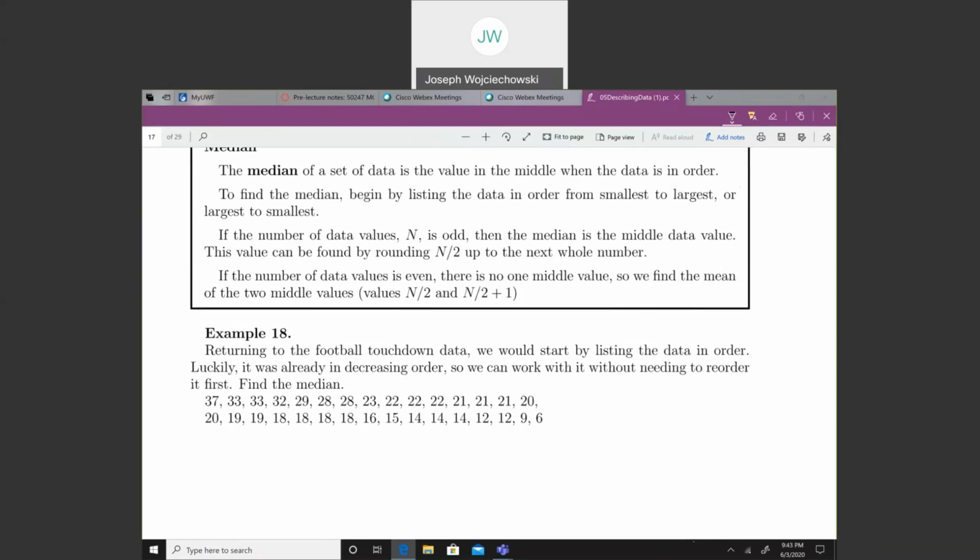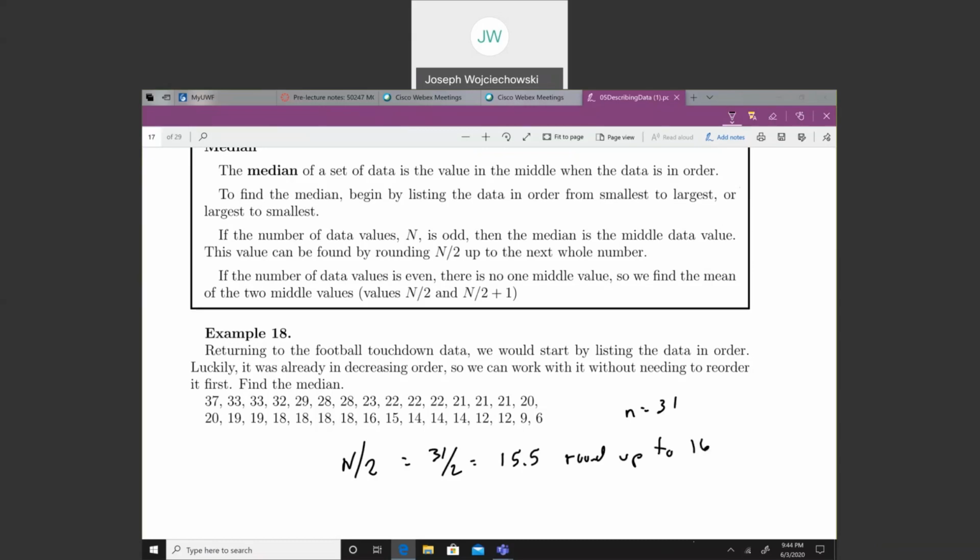List the data in order. It was already that way, so we're lucky. And let's find the median. Remember that n is 31. So to find the median, we take n divided by 2, which is 31 divided by 2, which is 15.5. Since it's not an even integer, we round up to 16.